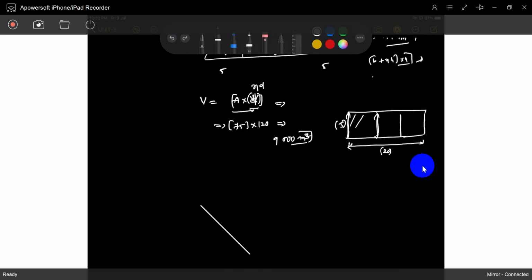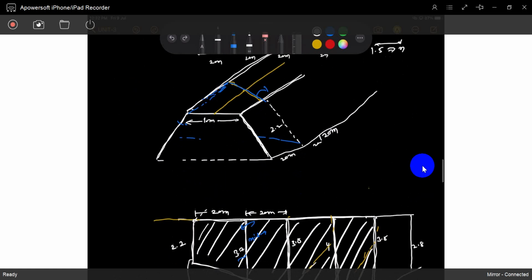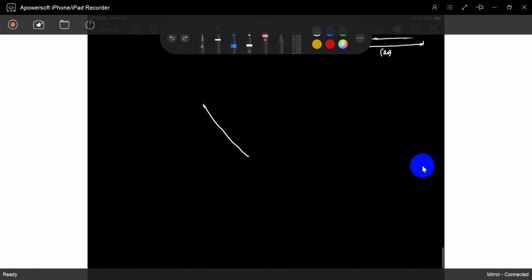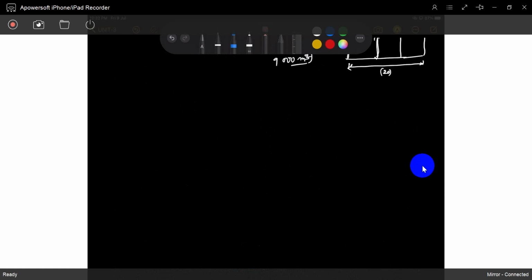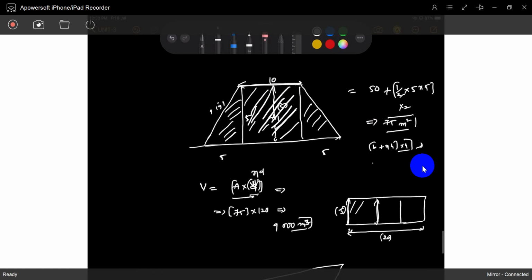If you invert it, this is the ground, but the slopes of the ground are something like this, maybe some slope is there.